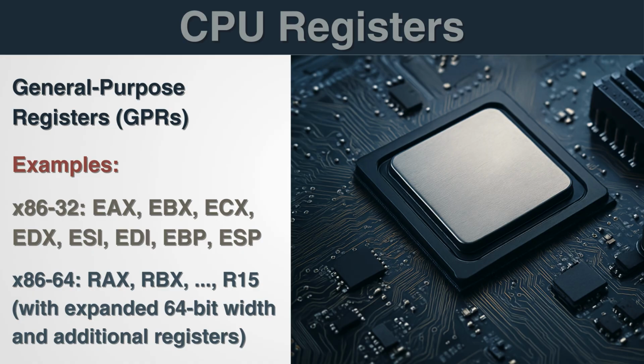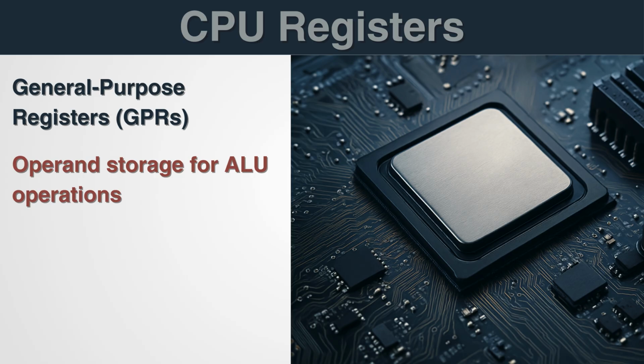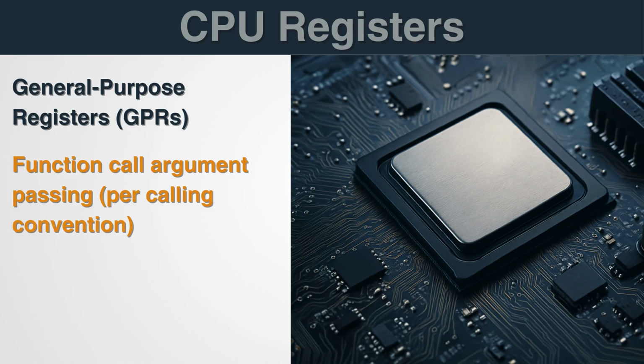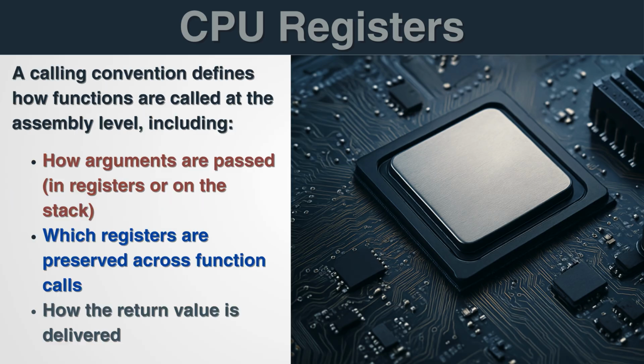So the general purpose registers, they're for operand storage, for ALU operations, and for function call argument passing per calling convention. And that's talking about how function arguments or parameters are passed into functions at the machine level using specific CPU registers. And the rules for doing this are governed by something called a calling convention.